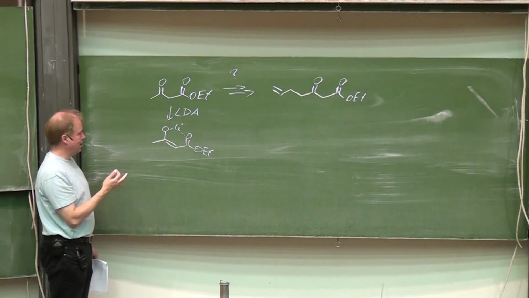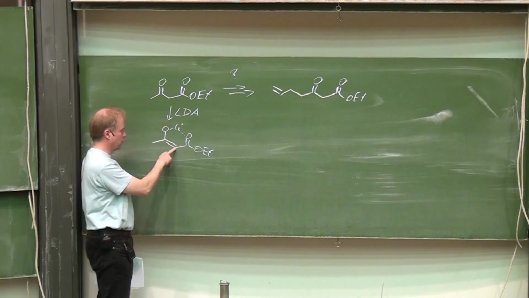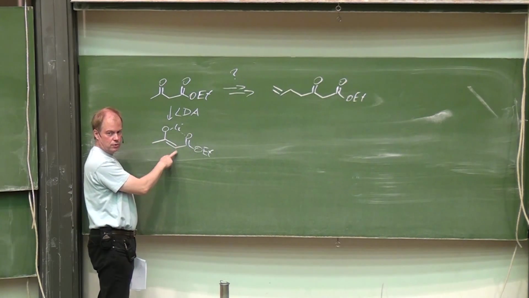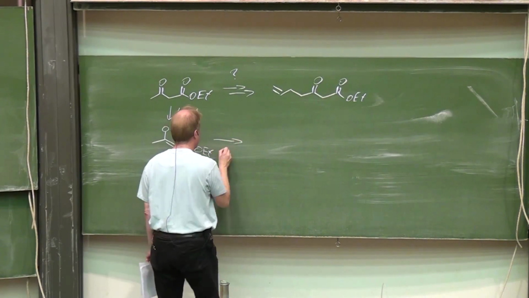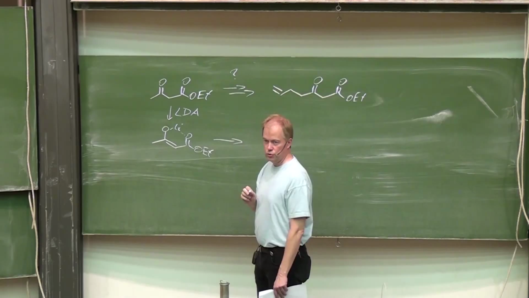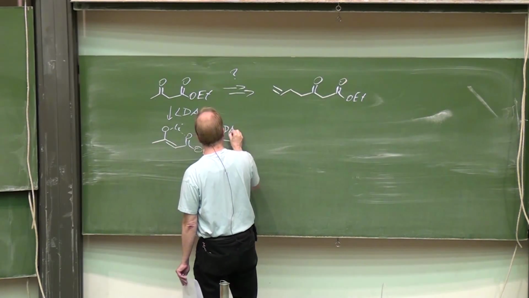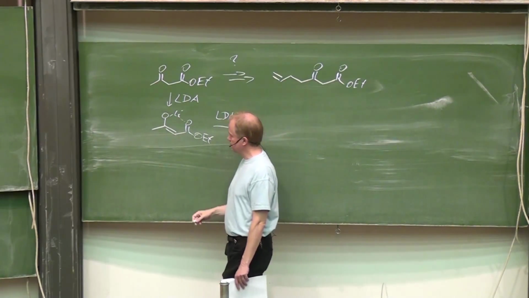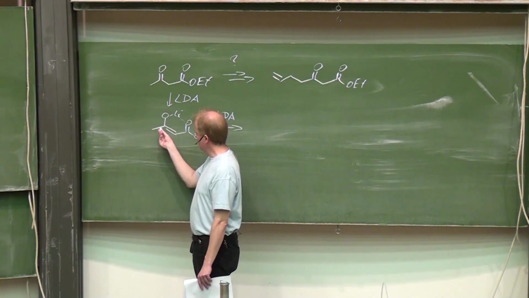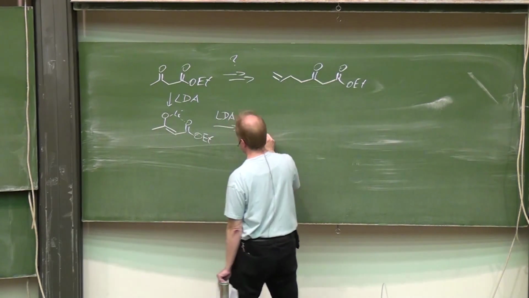Well, if you now add the electrophile, the allylic bromide, of course an alkylation would take place here. Well, the solution to the problem is to just add a second equivalent of LDA, then you will get the linearly conjugated system.